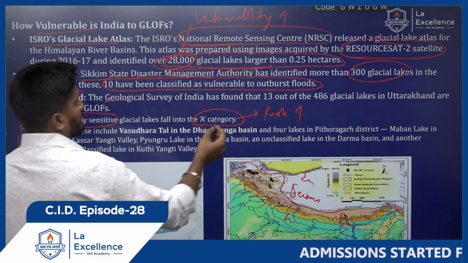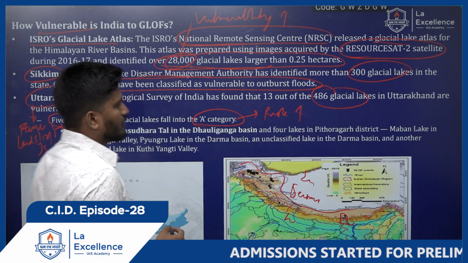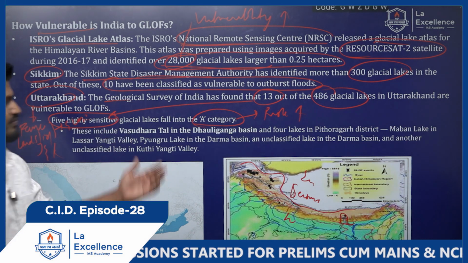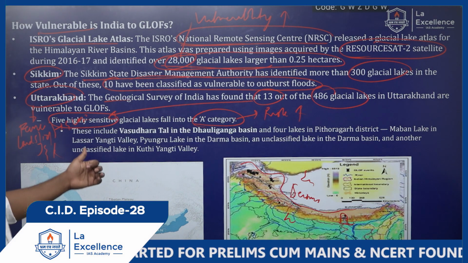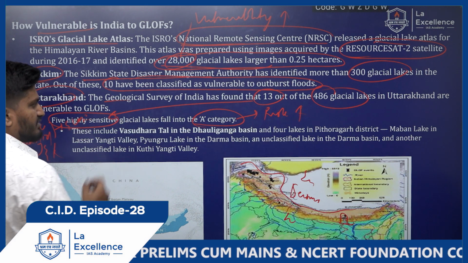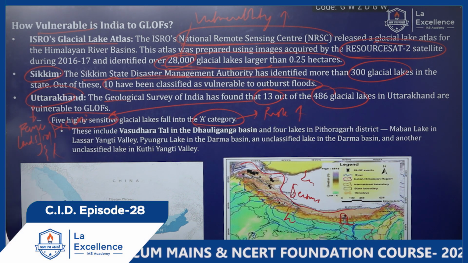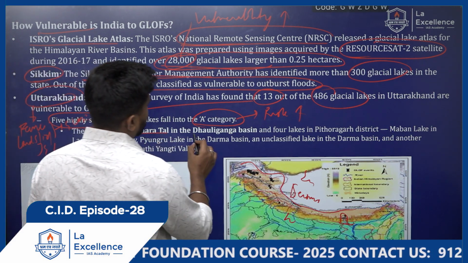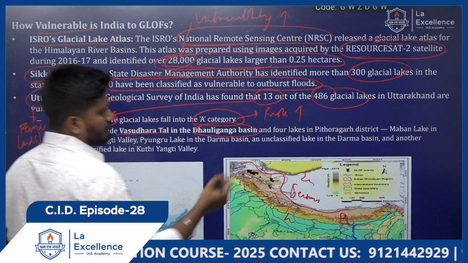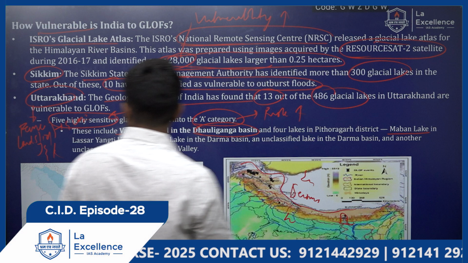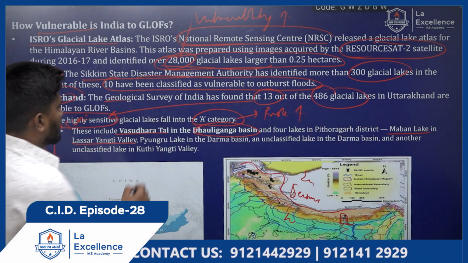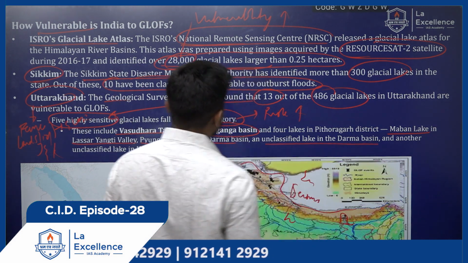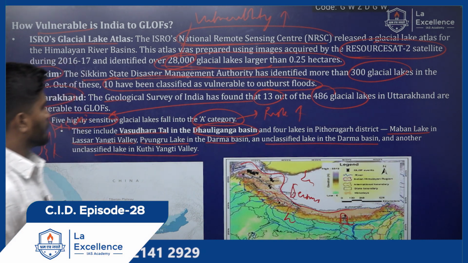Actually, there are 486 glacial lakes present in Uttarakhand. Out of these, 13 are considered vulnerable, and out of 13, 5 have been categorized into A because the risk is very high. Just remember these lakes, at least in which state they are present. Important lakes are Vasundhara Tal in the Dhauli Ganga basin, and the other 4 are Maban Lake in Yasar Langti Valley, Pyungru Lake in Dharma Basin, another unclassified lake in Dharma Basin, and another unclassified lake in Kuti Yangti Valley.